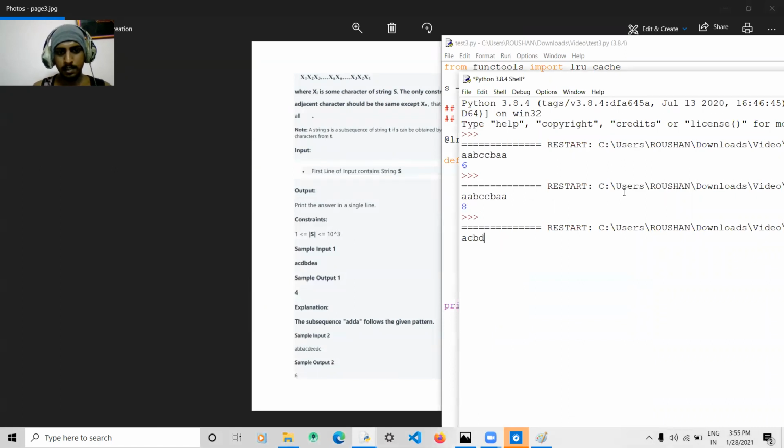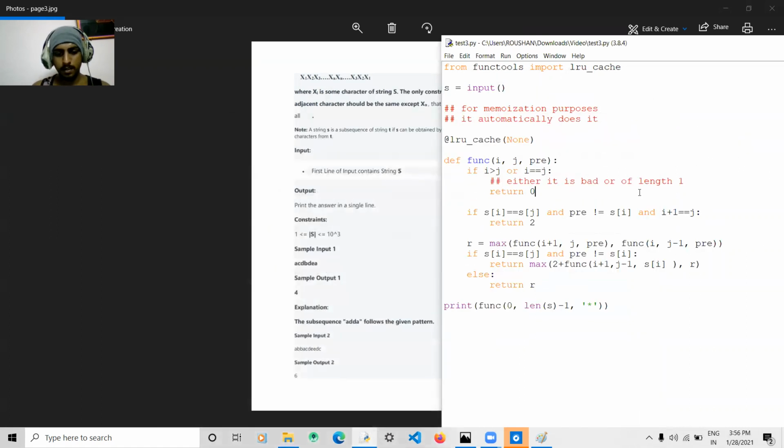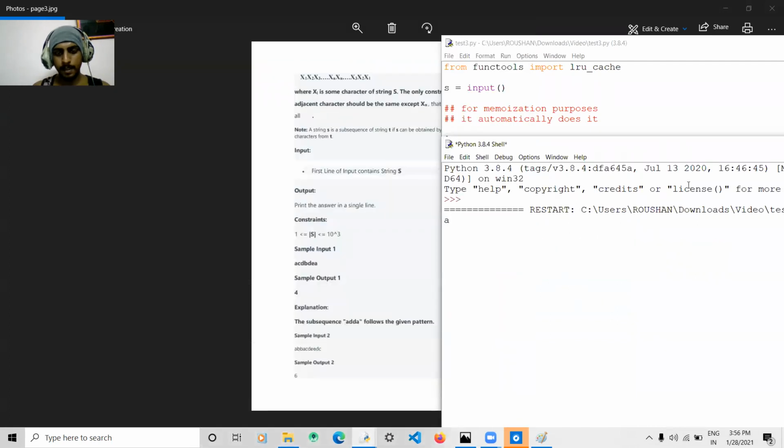A C B D E A, A C D B D E A 4. So we can see we have matches sample output A D D A. Let's start again with A B B A C D E E D C 6. So it matches sample output.